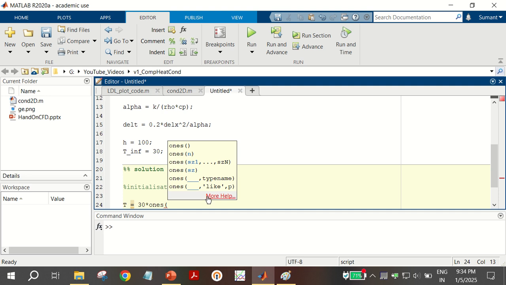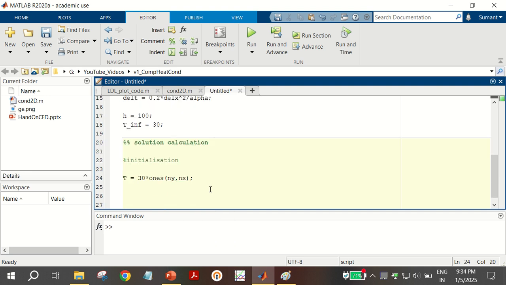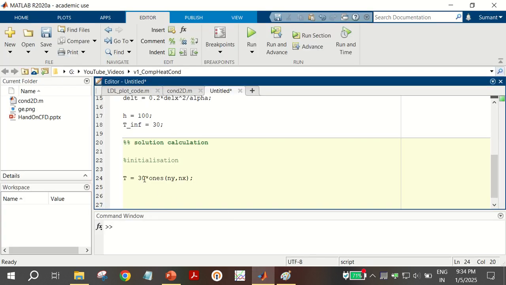the ones function, a library function which will generate a matrix with ones. Okay, so it's like 1 1 1 1 of size ny comma nx. So that is why I have explained the logic behind ny comma nx. So it will be first the rows and then the columns. So in MATLAB it will be ny first and then nx.